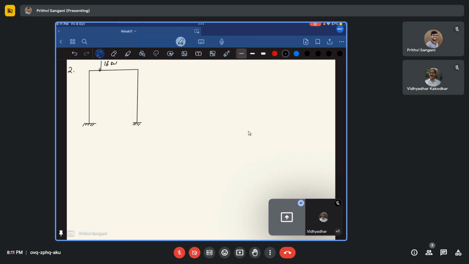The load which is acting is 16 kilonewtons, and it is acting at a distance of 1 meter, and this is about 4 meters. The length of the column or the vertical member is 5 meters, and this is 5 meters. Let me write it as ABCD. Okay, so this is the question.